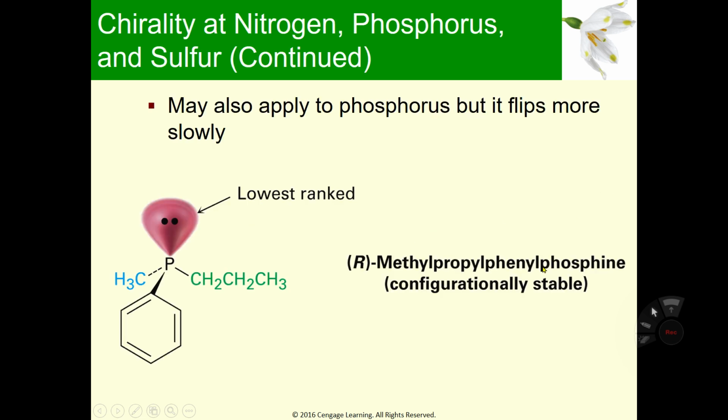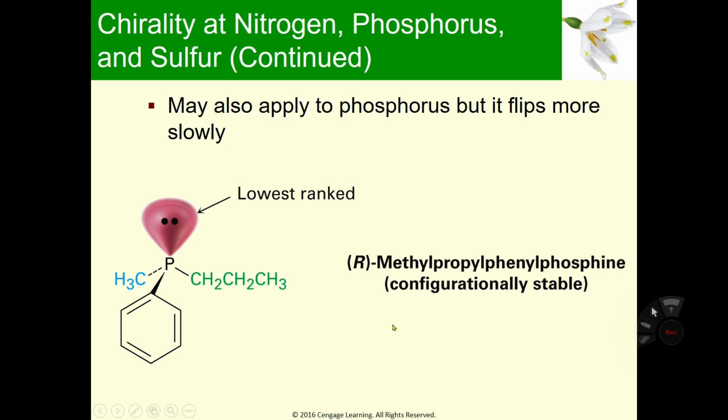Here it shows inversion is very rapid. Because it is so rapid, it's almost impossible to distinguish them. Here, this is an R because this is the lowest sequence priority, and this is an S. But R and S forms change rapidly all the time, so we don't consider R and S forms in nitrogen-containing isomers.